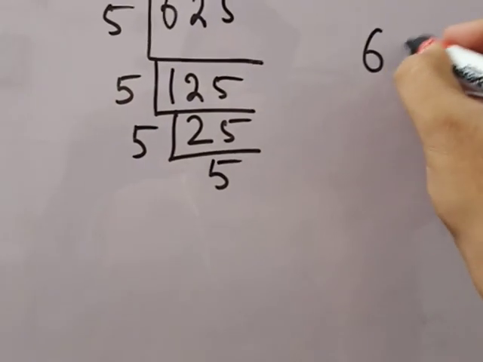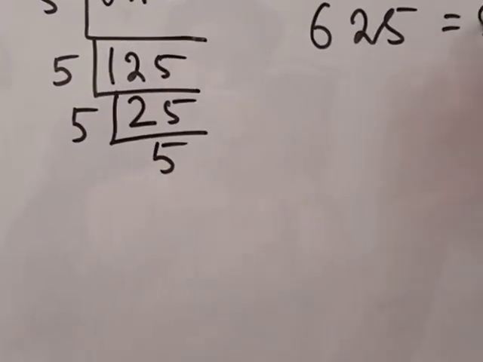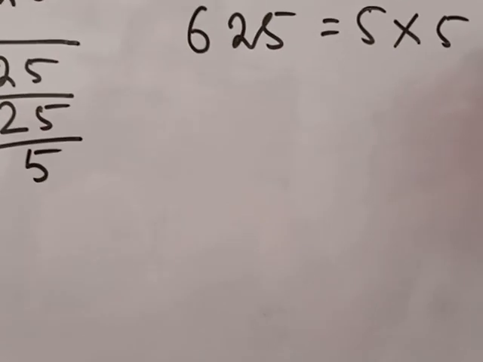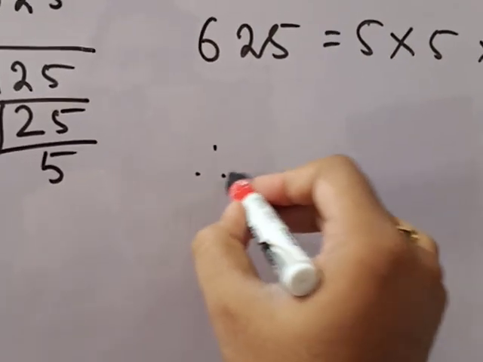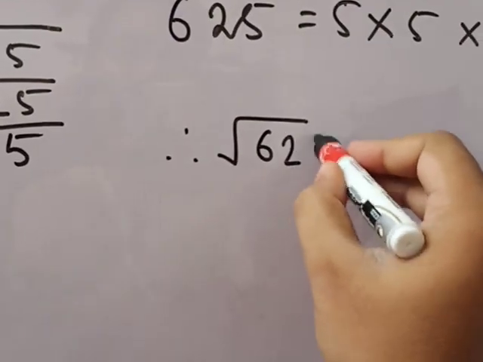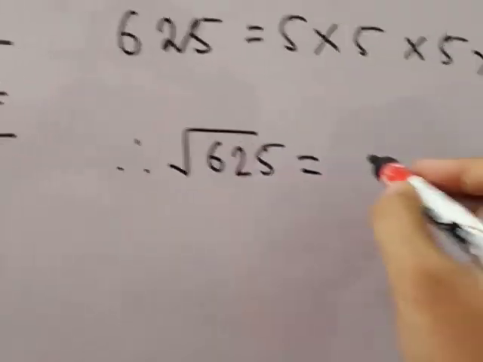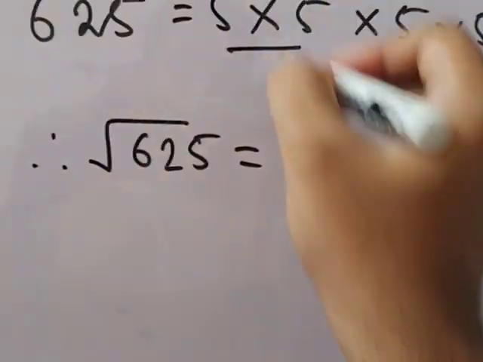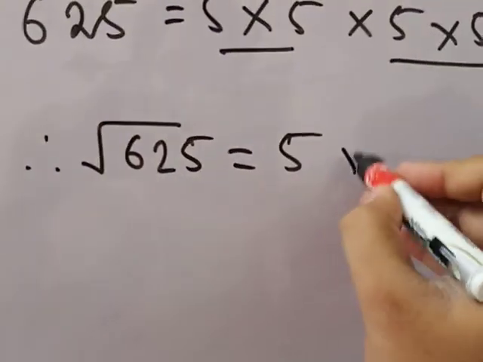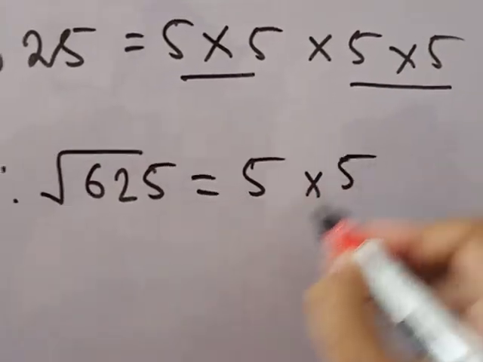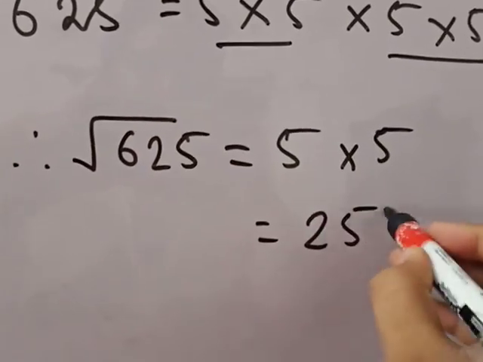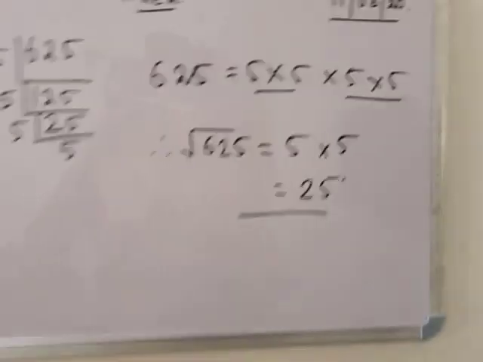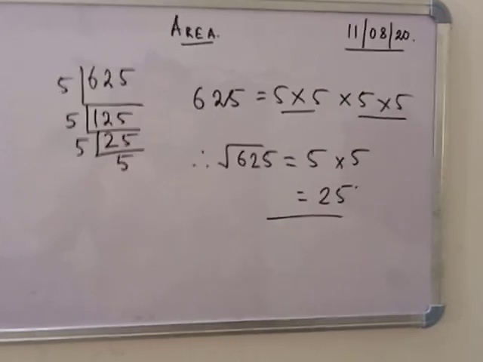So 625 equals 5 into 5 into 5 into 5. So the square root of 625 equals, from this pair we take 5, from this pair we take 5. So this is 25. So this is the method for finding the square root of any number.